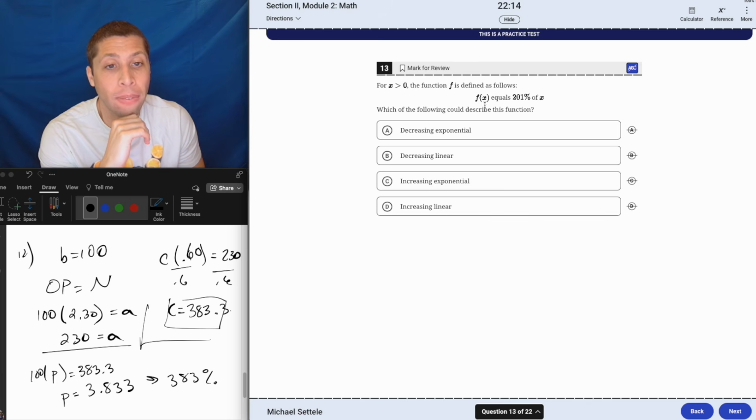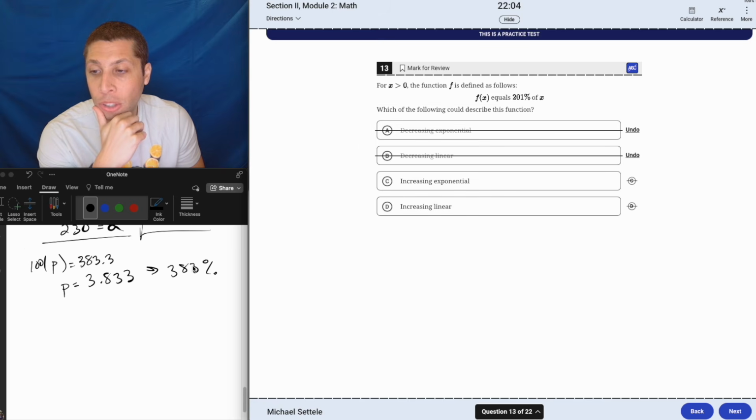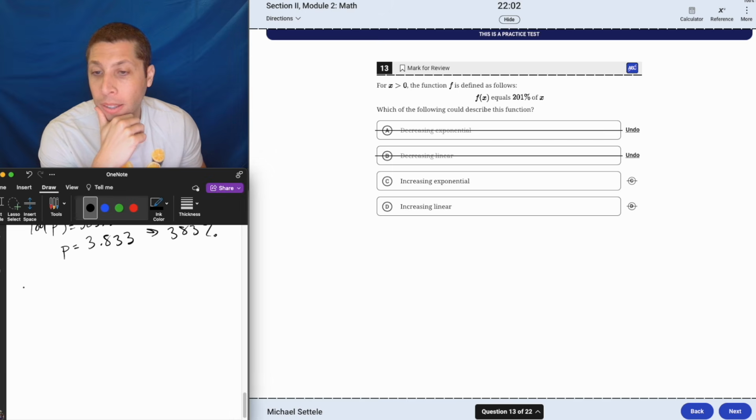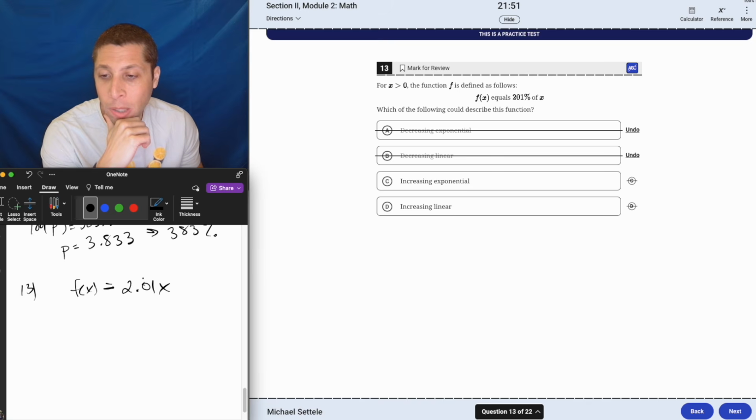So f of x equals 201% of x, which of the following could describe this. So it's definitely an increase. And so they want you to think it's an exponential. But if we just write that, f of x equals 201%, write that as a decimal, 2.01, of means multiply. This is not an exponential. There's no exponent.